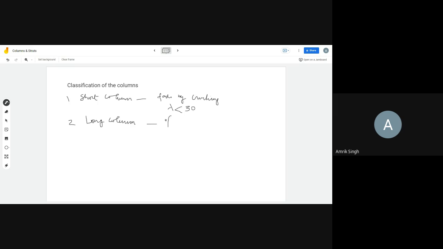So they fail by buckling, and bending stress, that is sigma B, should be more than the axial stress.